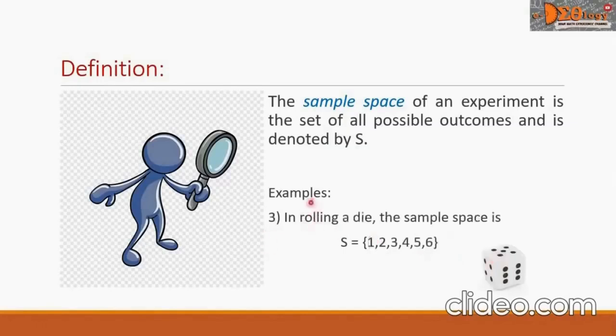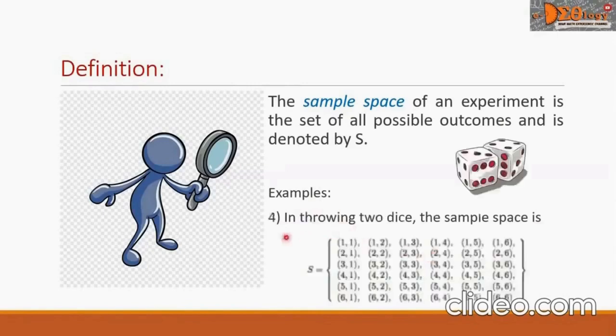Example 3, in rolling a die, the sample space is S equals {1, 2, 3, 4, 5, 6}. In throwing two dice, the sample space is given here. The sample space starts with (1,1) and ends up into (6,6).